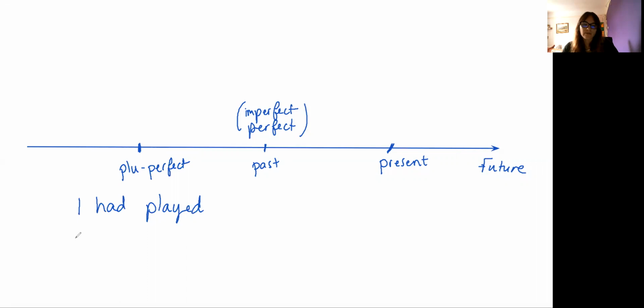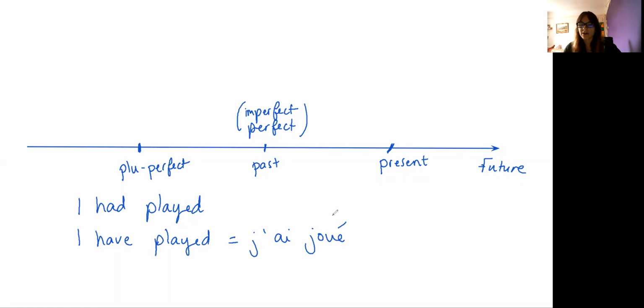Look at, for example, the perfect. I have played. You know how to use this. I have played. J'ai joué. I'm in the present now, and I'm saying that yesterday I have played football.